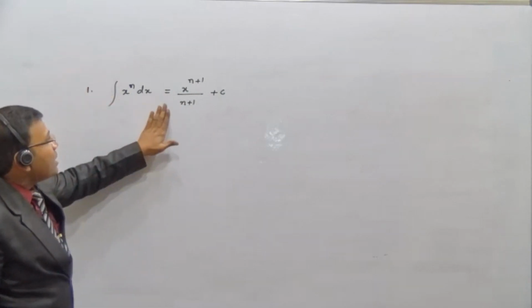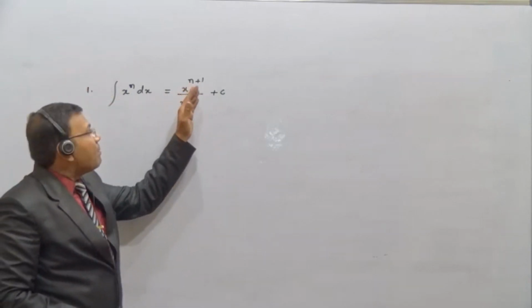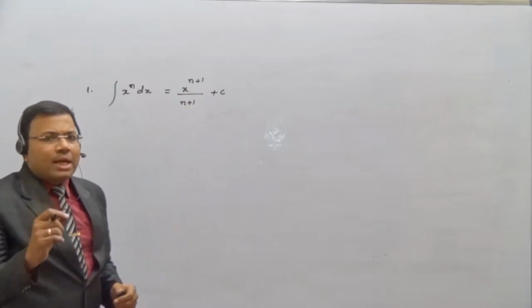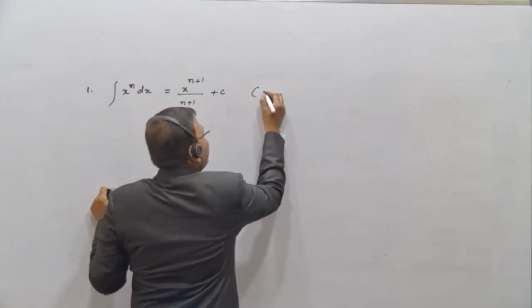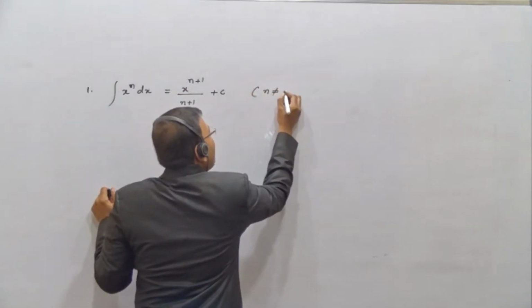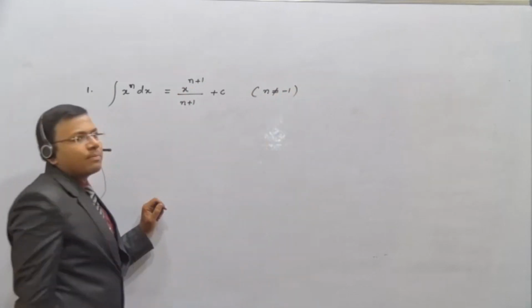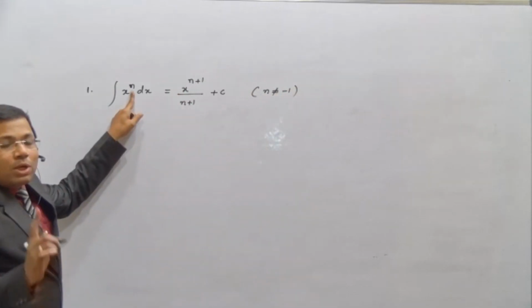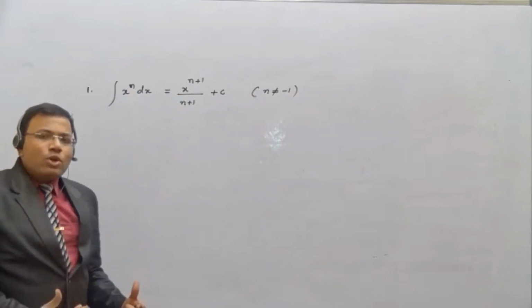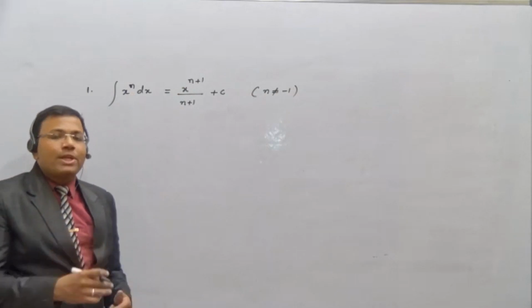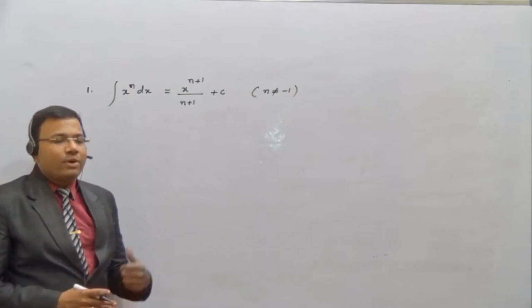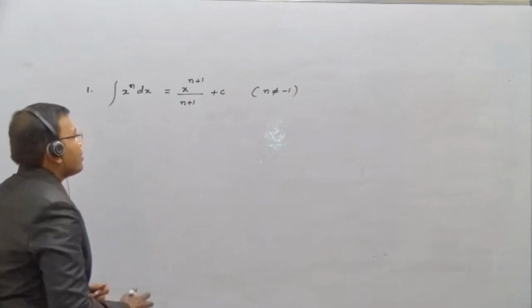So therefore it is x power n plus 1 by n plus 1. The condition you have to remember is that the value of n should not be equal to minus 1. When n is actually equal to minus 1, then the formula will differ. That also I am going to give.